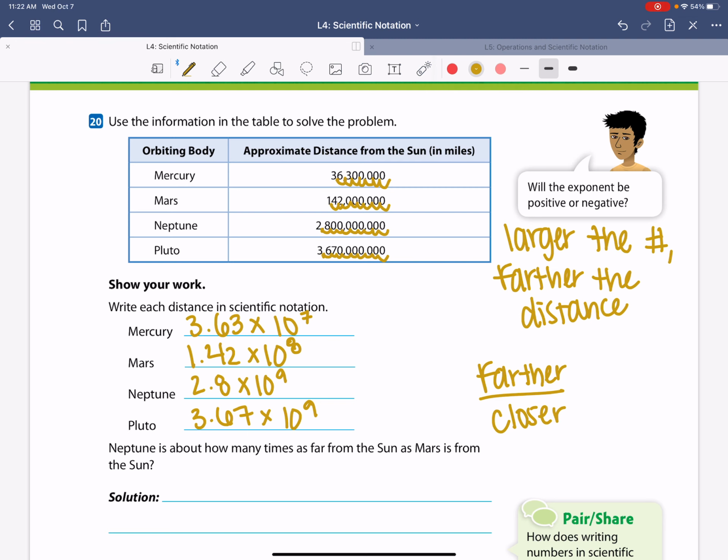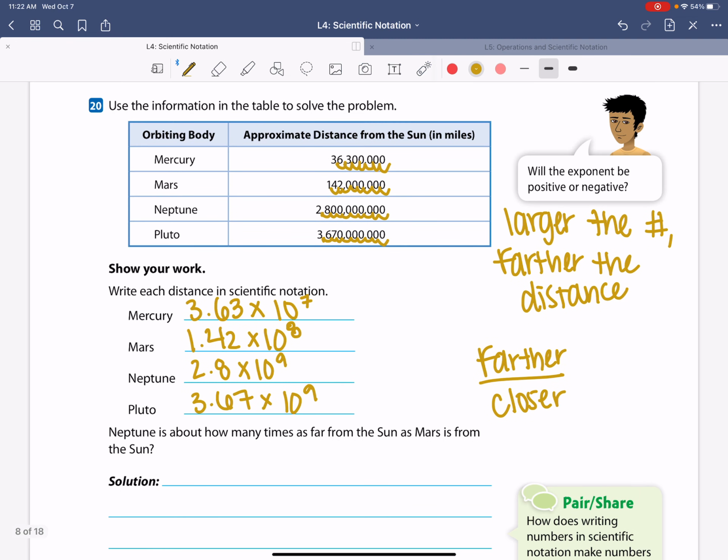So the one that's farther is Neptune, of course, so it should be Neptune over Mars. Neptune's distance written in scientific notation is 2.8 times 10 to the 9th power. And Mars is 1.42 times 10 to the 8th.